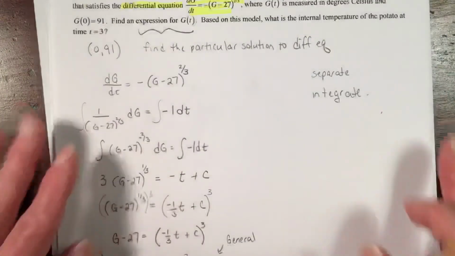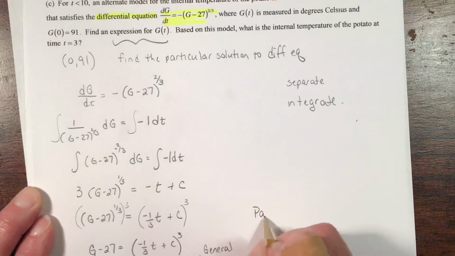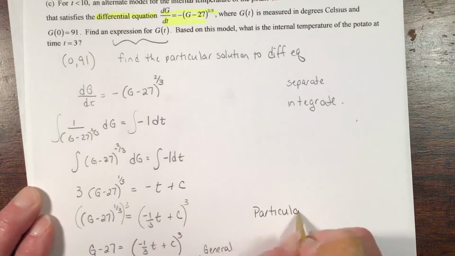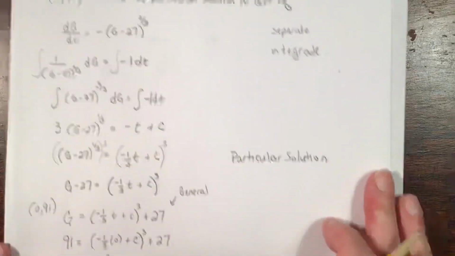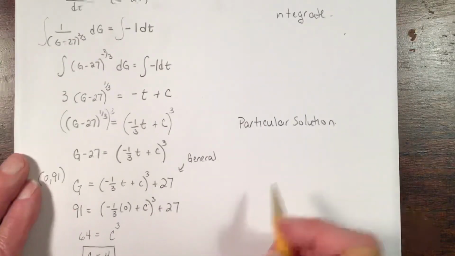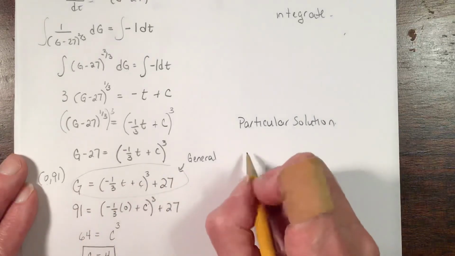So our expression now, our particular solution for g of t, is we're going to go back in and replace our c value.